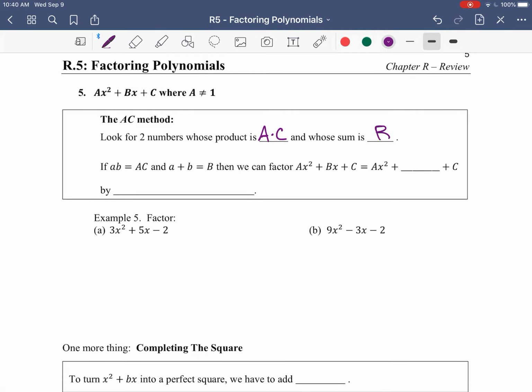The sum we're looking for is still b though. So if you get two numbers, little a and little b, where little a times little b is ac and little a plus little b is big B, then we can factor ax squared plus bx plus c.